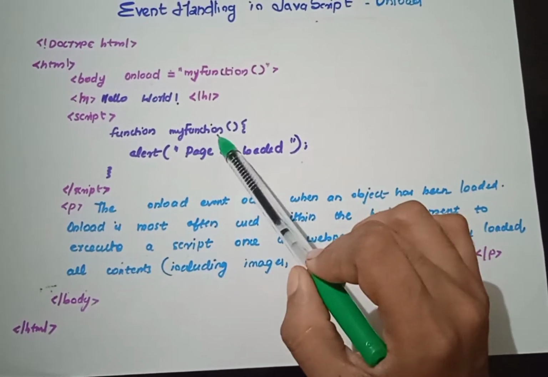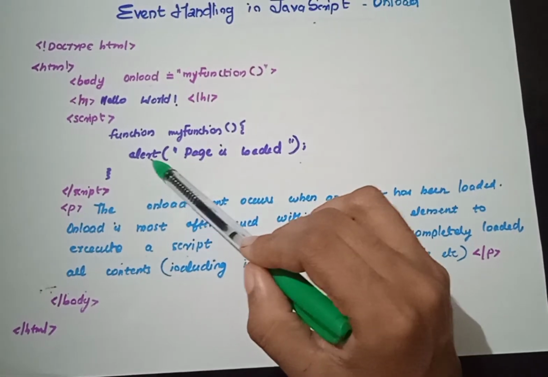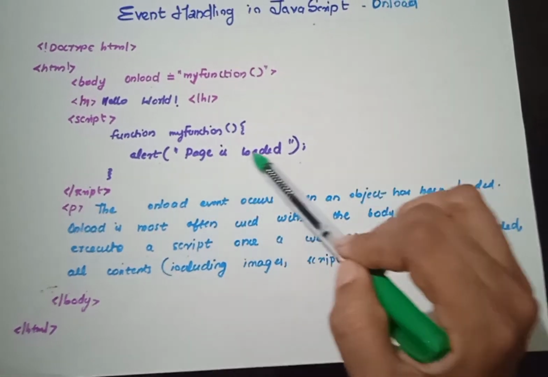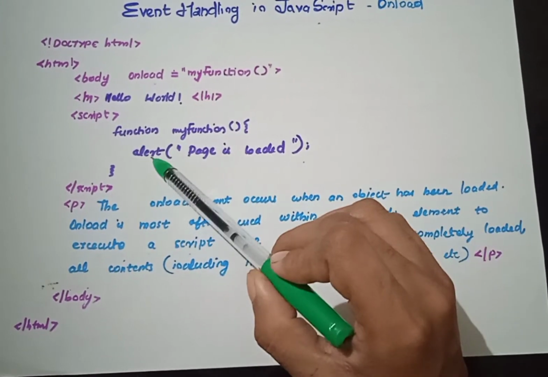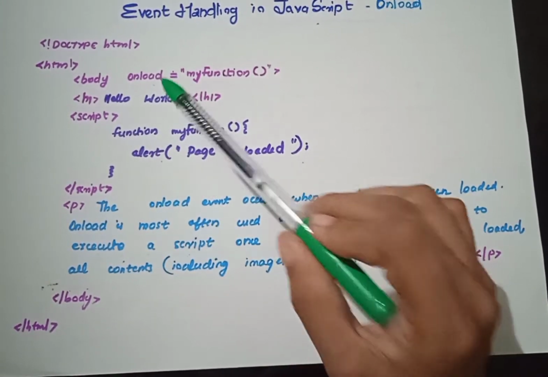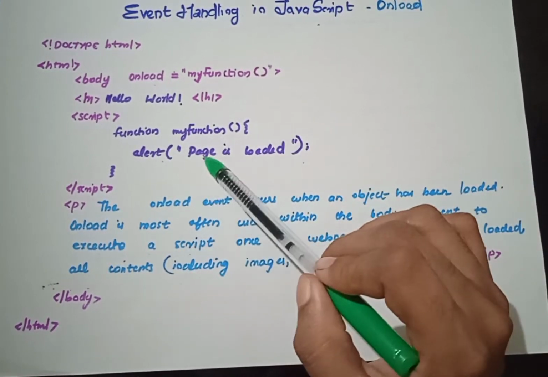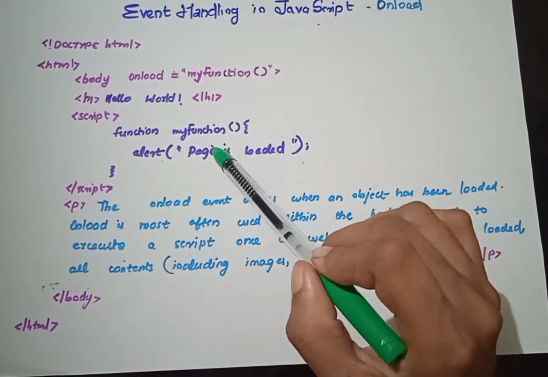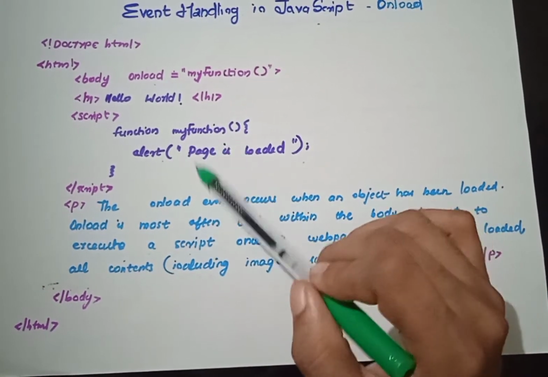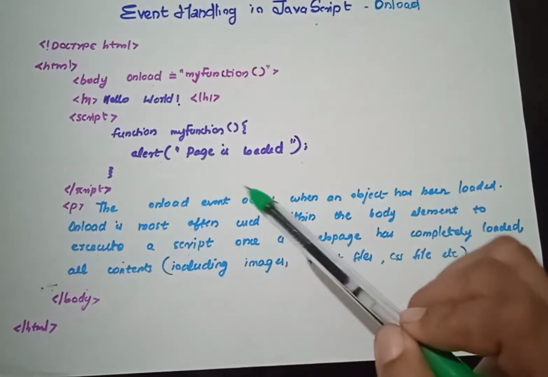So inside myFunction, when the onload takes place, an alert is to be shown with the message page is loaded. So when the onload takes place, the user should get a pop-up window having the alert message page is loaded. This is the handling done when the onload event takes place.